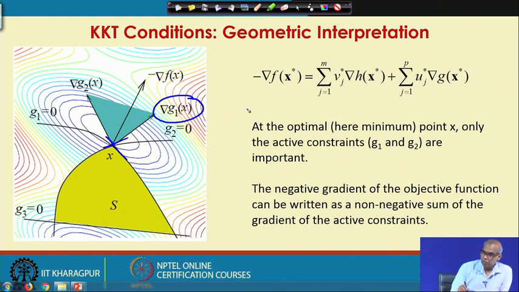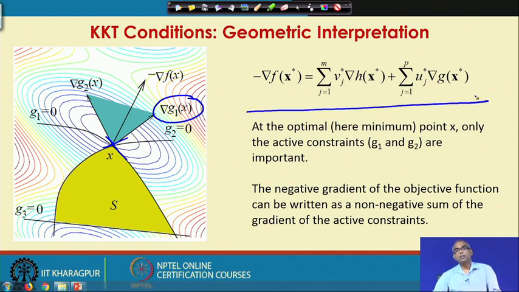Now, if you look at this expression, what it means is that the negative gradient of the objective function is a non-negative sum of the gradients of the active constraints. So, g1 and g2 are the active constraints.